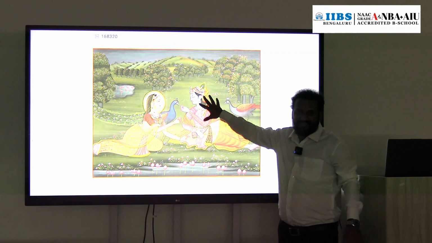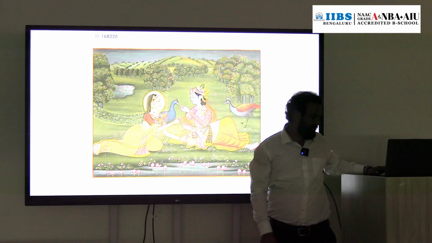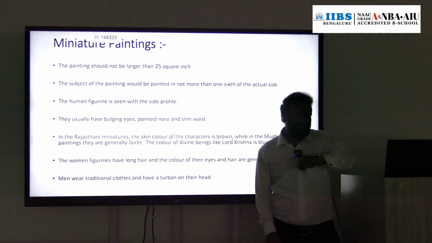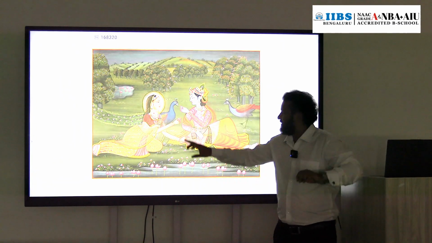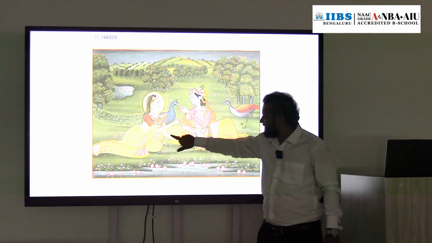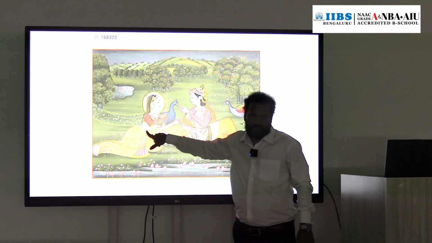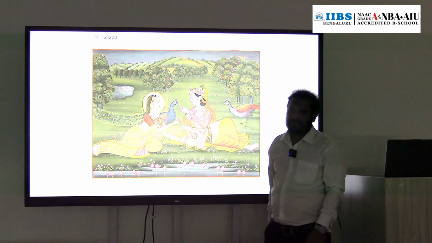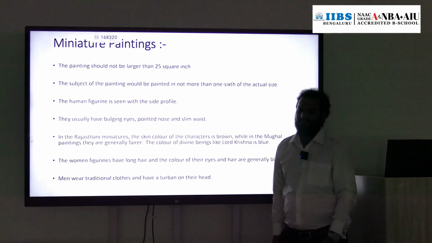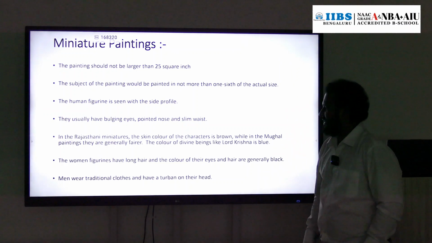So bulging eyes, pointed nose and slim waist. Check the nose, pointing is there. Slim waist, check the waist of the goddess Radha. So this is one of the features of miniature paintings in India.